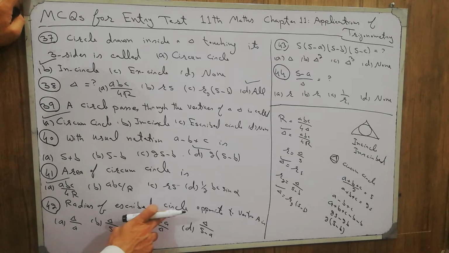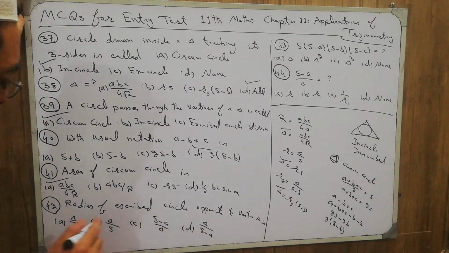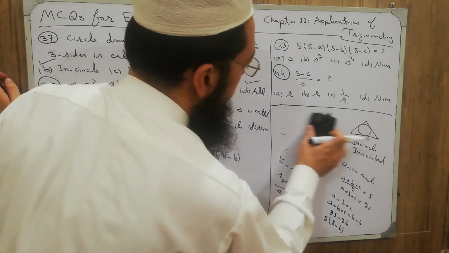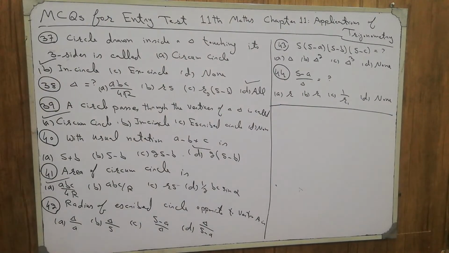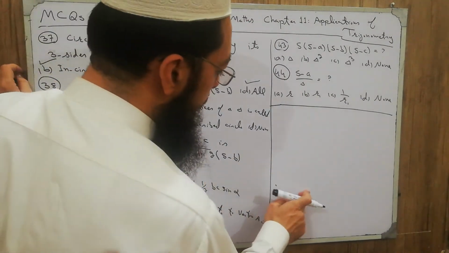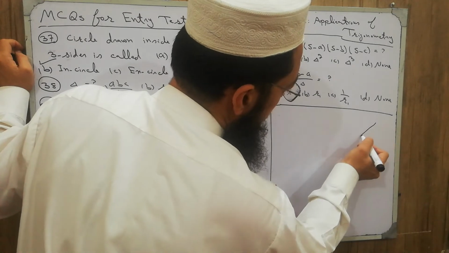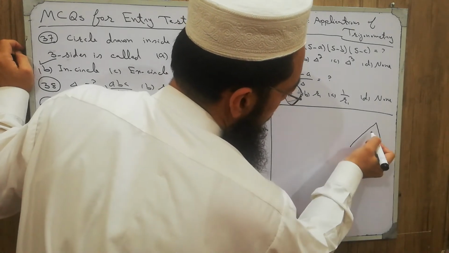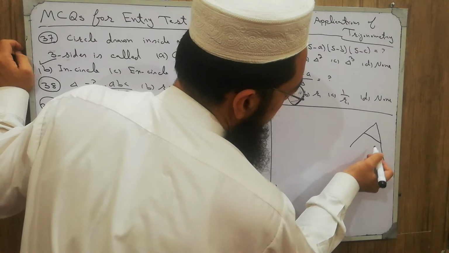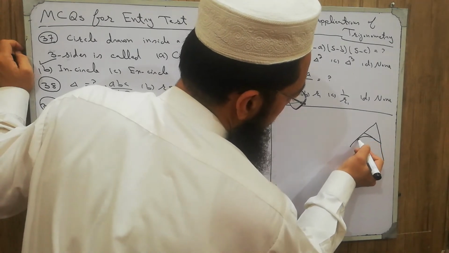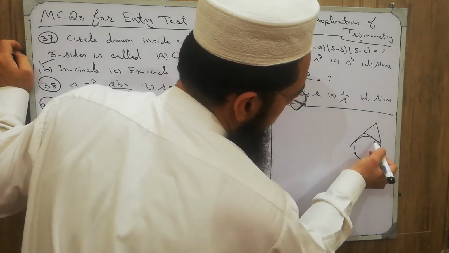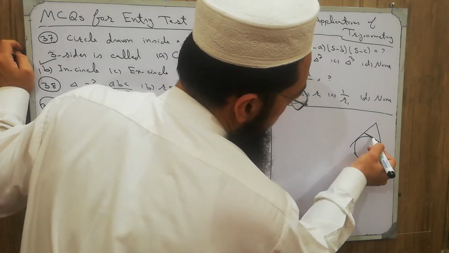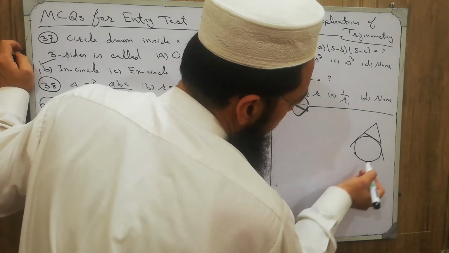Radius of escribed circle opposite to vertex A is. An escribed circle touches one side of the triangle internally and two sides of the triangle externally.